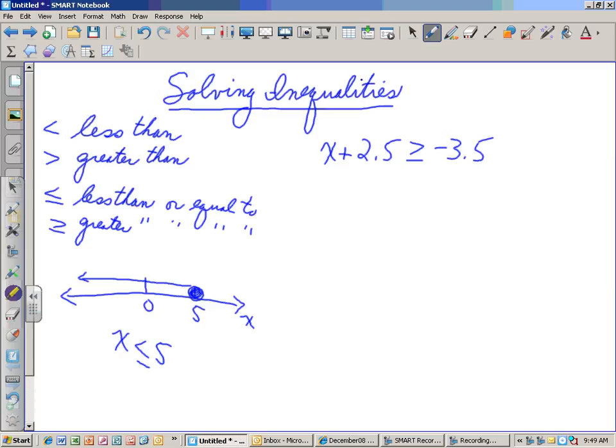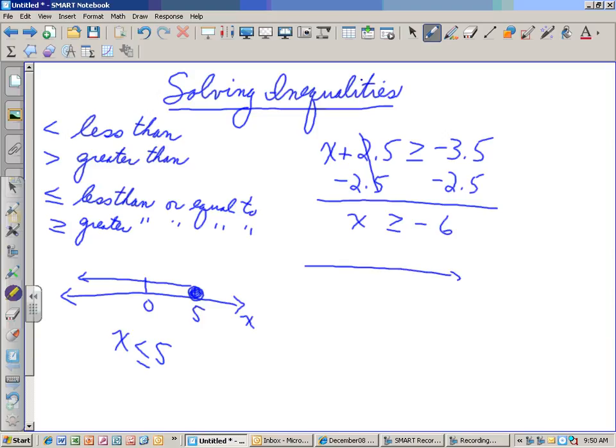Yeah, Sydney? Minus 2.5 from this side and minus 2.5 from the right side. Nothing really changes for what we're going to do today. The 2.5 and negative 2.5 cancel each other out. And so x is greater than or equal to negative 6. Negative 3.5 minus 2.5.